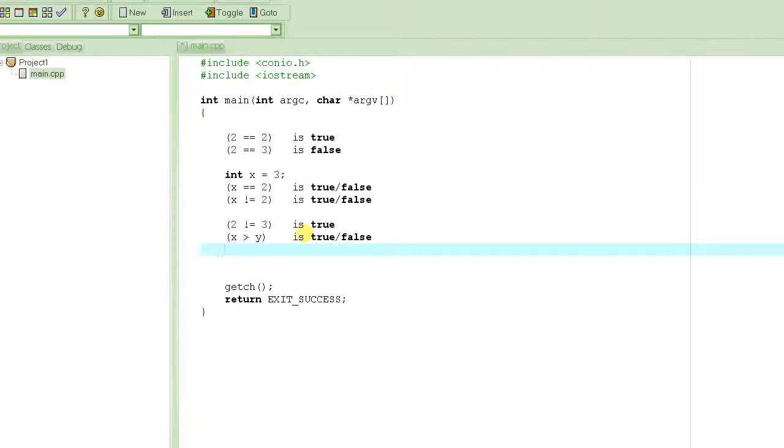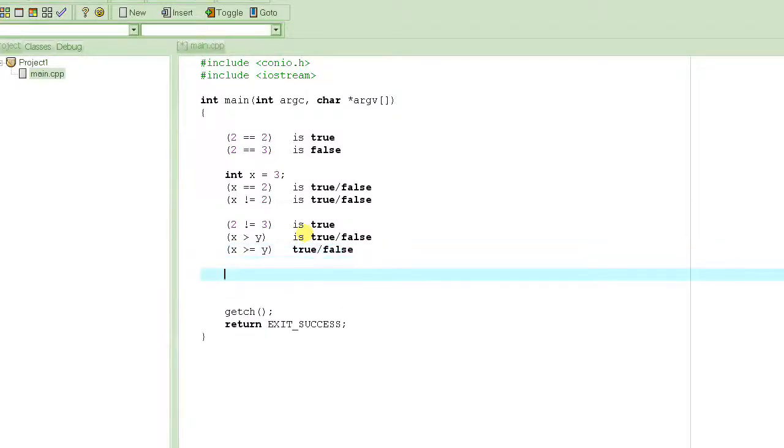Similarly, you could use x is greater than or equal to y. And it could be true or false depending upon the value of x and y. Similarly, you could say x is less than y, and that would either be true or false depending upon the value of x and y.